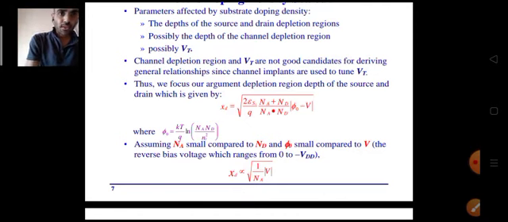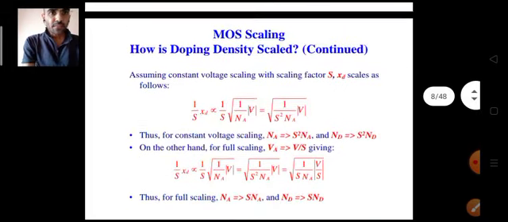So that's what your junction depth depends on. Some of the things are constant, like epsilon Si, 2, and Q. So the formula gets reduced to xd being proportional to some voltage divided by your doping density.